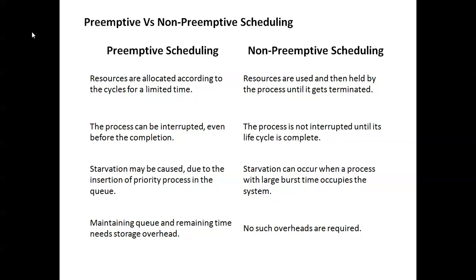In preemptive scheduling, starvation may be caused by the insertion of priority processes in the queue, and in non-preemptive scheduling, starvation might occur when a large burst time occupies the system. Preemptive scheduling maintains the queue, and the remaining time needs storage overhead, and no such overheads are required in non-preemptive scheduling.